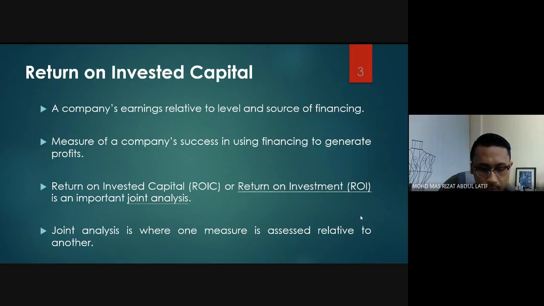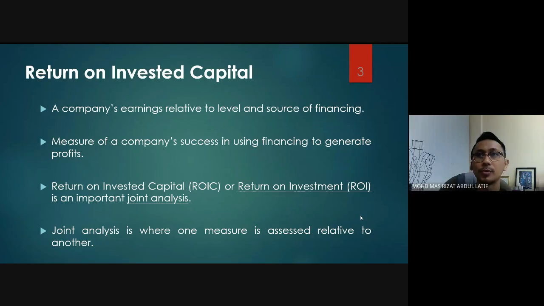Okay, so it allows us to compare companies on their success with invested capital, because you want to know whether the management, the board of directors, fully utilize its investment, its capital, in order to generate income, to generate return for the sake of the shareholders.